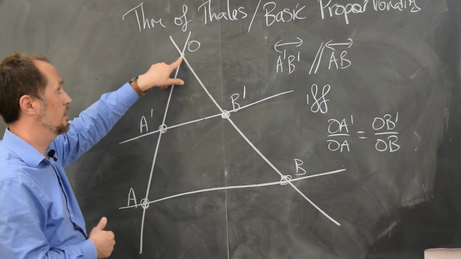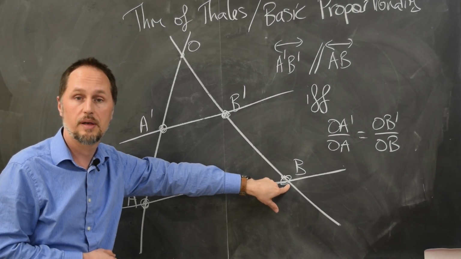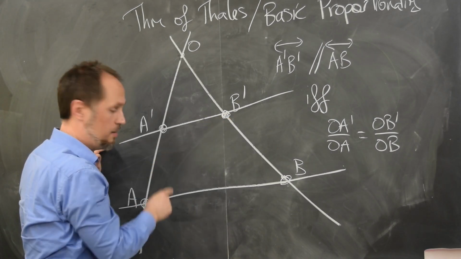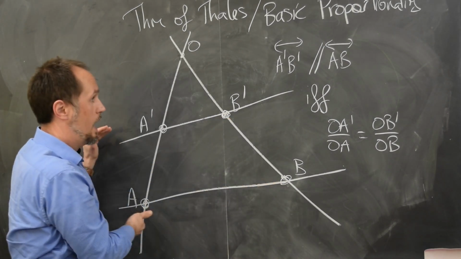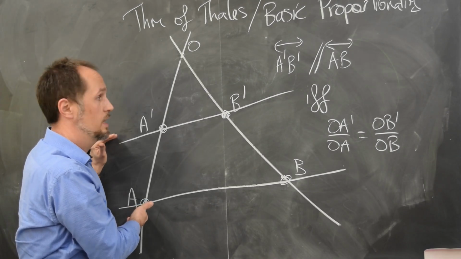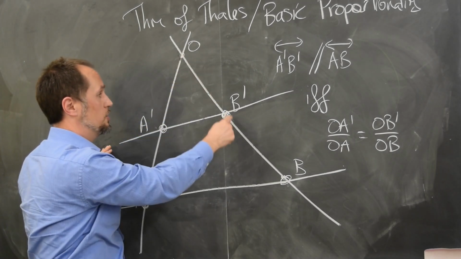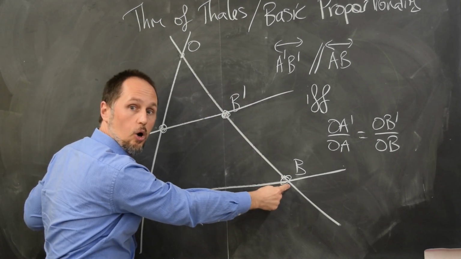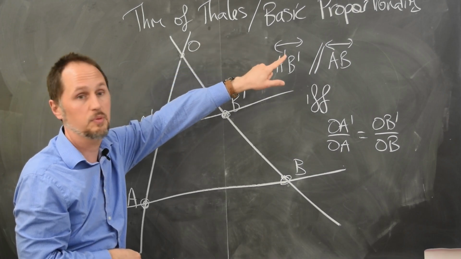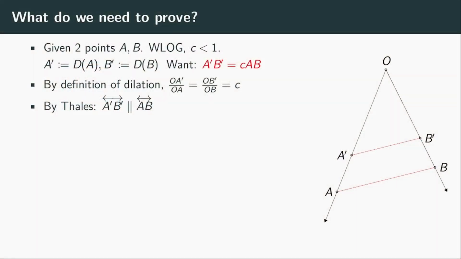And then I have another line that intersects at O, and I have O, B prime, and B in that order on my second line. Then I consider the lines A prime B prime and AB. What the theorem of Thales tells us is that these lines are parallel if and only if the ratio OA prime over OA is equal to the ratio OB prime over OB. In this video, because Thales is shorter than basic proportionality, I'm going to refer to it as the theorem of Thales.